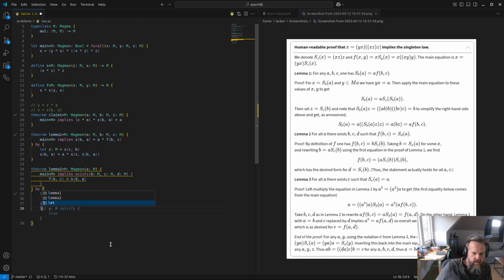So let B satisfy equals S of XA. Okay. And now we rewrite to find this equation here. All right, this equation here, let's write that over.